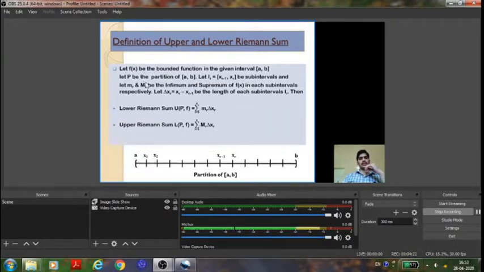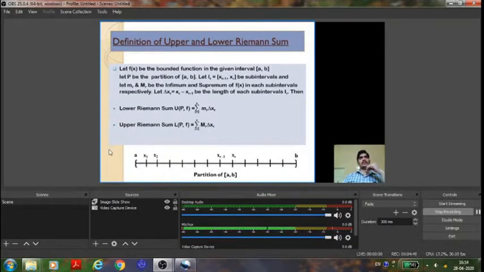Consider the function f of x, which is a bounded function in the given interval a b, say 0 comma 1, or 2 comma 3, like that. And let P be a partition of a b.